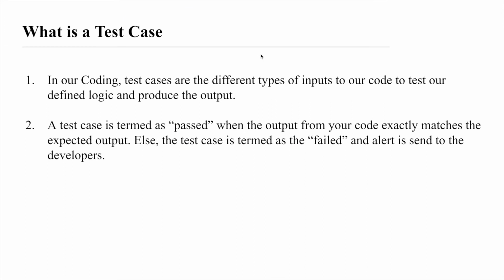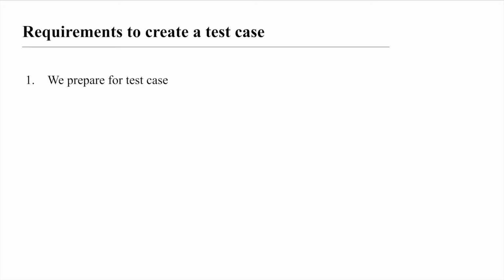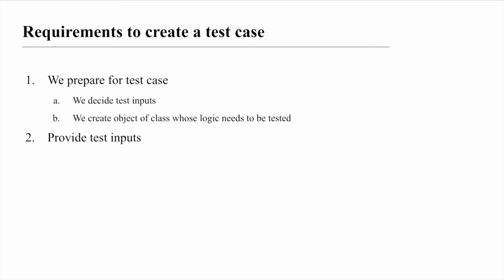So now there are certain steps that we follow in order to create a test case. So let's understand them. What are the steps or the requirements to create a test case? First, we have to prepare for a test case. In preparation, we decide some inputs to be passed to some method. We also have to create an object of a class whose logic needs to be tested or whose method needs to be called. Then we pass those decided inputs to some method of a class.